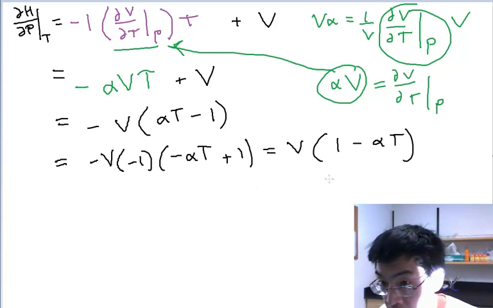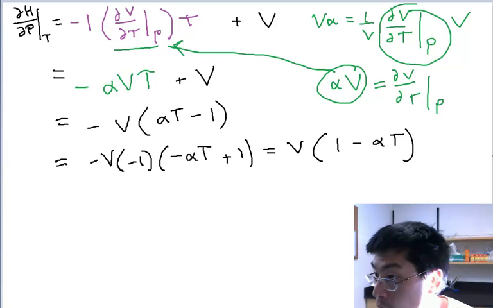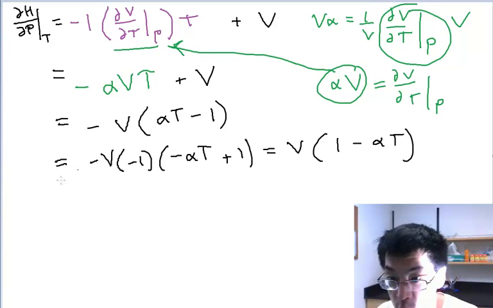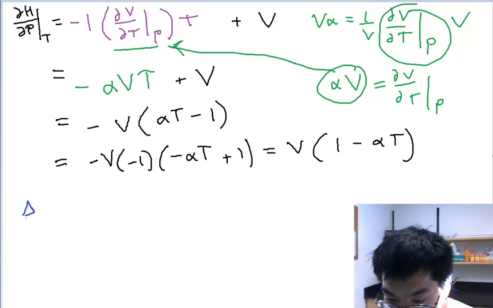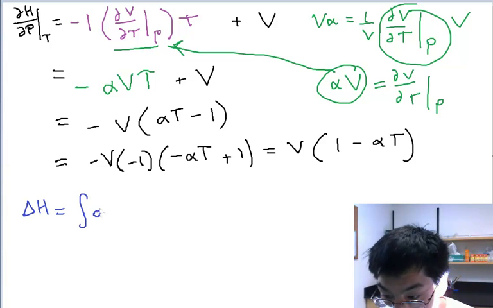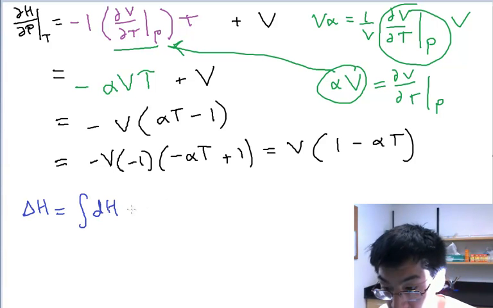Now, let's go back to what I wanted. In dark blue, what I wanted from this problem was an expression for delta H. And remember, to get delta H, you integrate dH.